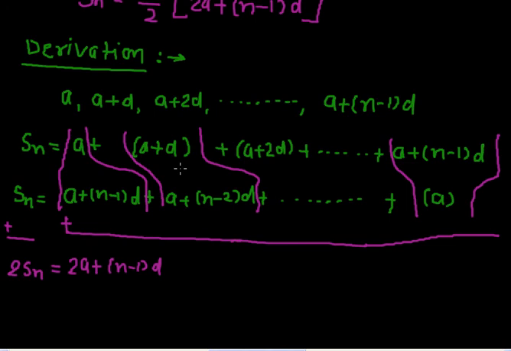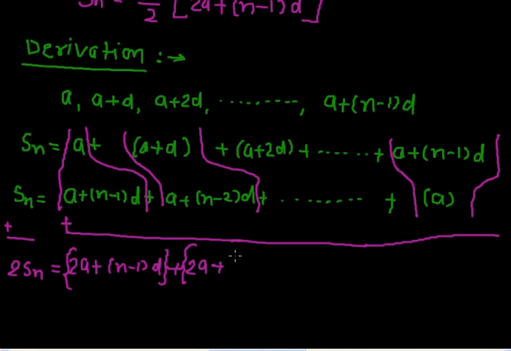Next we add these two terms. What do we get? Again a plus a is 2a. I am separating these terms by curly braces so that confusion does not arise. 2a plus, now here we have the coefficient of d as 1, and here the coefficient of d is n minus 2.